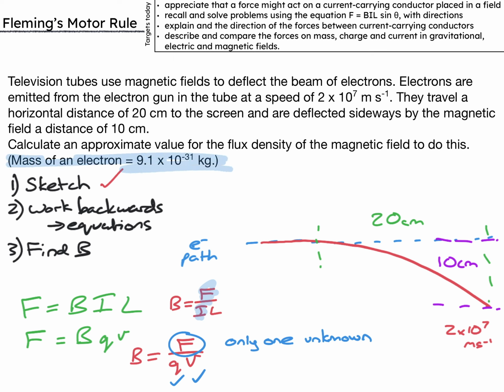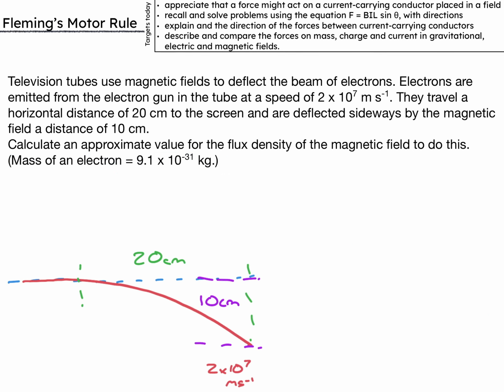Right, so now we are on to step 3. Calculate B after calculating F. So let's use F equals ma. We know that t equals distance over speed. So just looking at the horizontal direction, that's 0.2 over 2 × 10⁷.